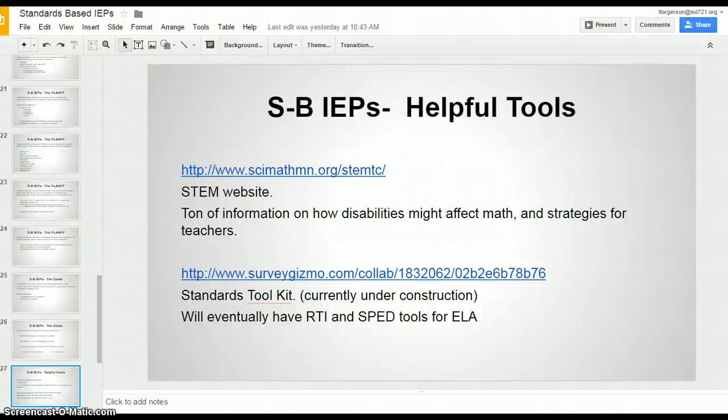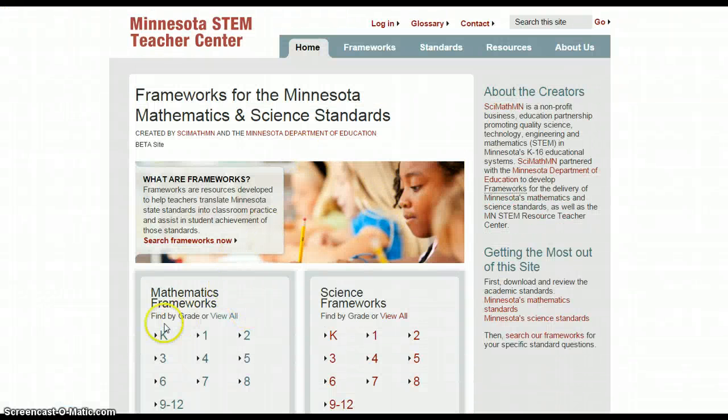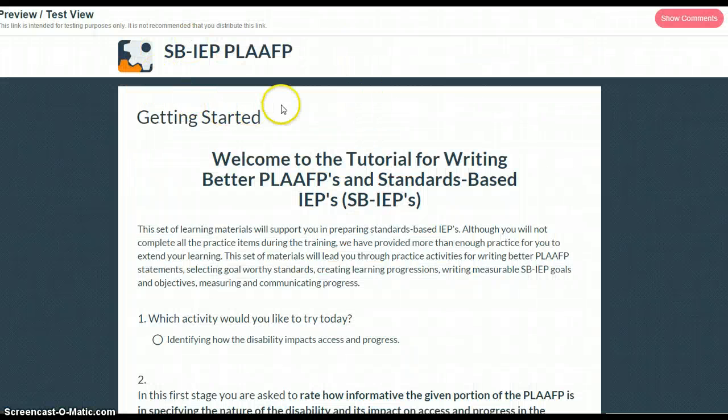The first one is the STEM website, and that looks like this, and it has really good frameworks on individual grade levels and helps you figure out where those gaps are in the ladders to minimize those gaps. And then the next one is a toolkit, which is still under construction, but it's supposed to really help even at an RTI level.